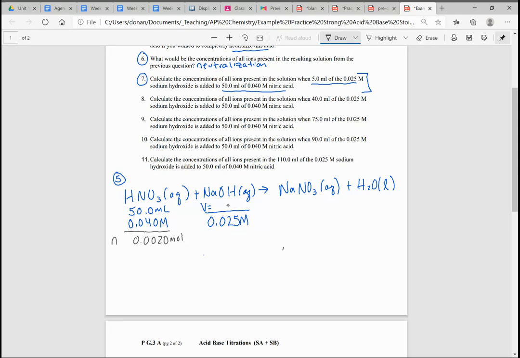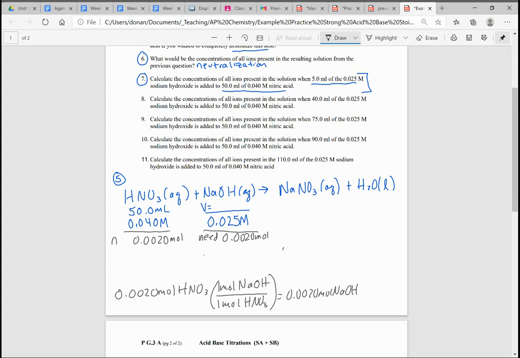Okay, if we did the stoichiometry, we'd say 0.0020 moles of HNO3, and I need 1 mole of NaOH for every 1 mole of HNO3. And so I'm going to need 0.0020 moles of sodium hydroxide. So I'm going to need the same amount because it's a 1-to-1. That makes sense, 0.0020 moles.